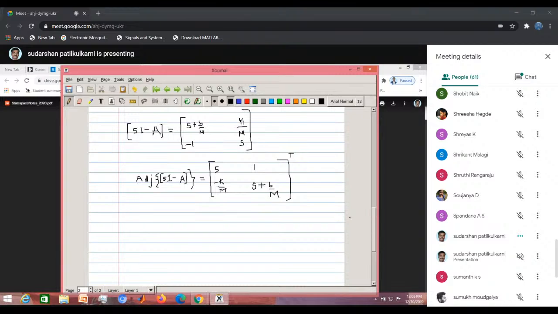So that is equal to s, 1, minus K by M, and s plus B by M.